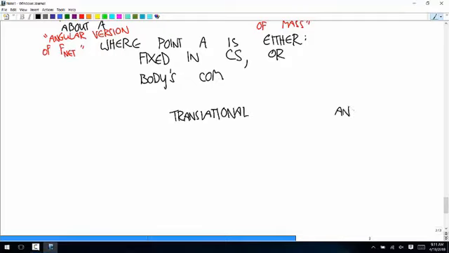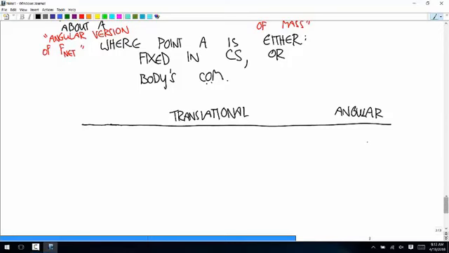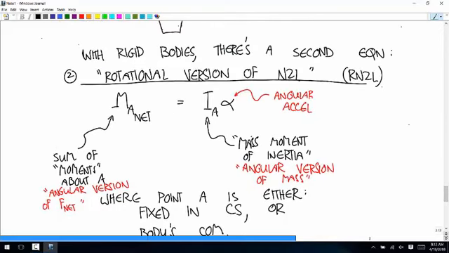Translational, angular. Center of mass. I_A is the mass moment of inertia, and you can think of that as an angular version of the mass.